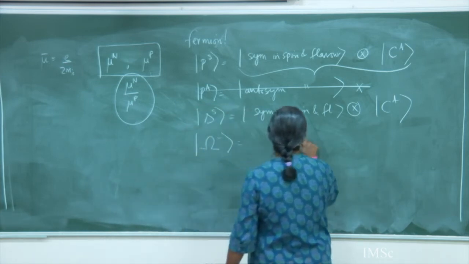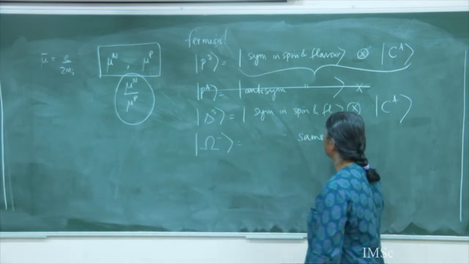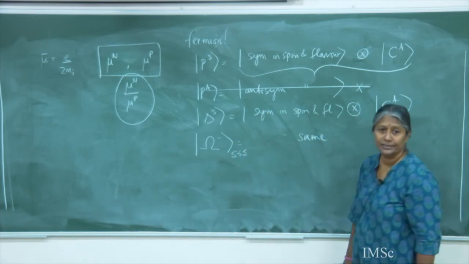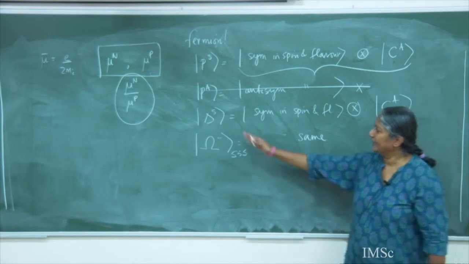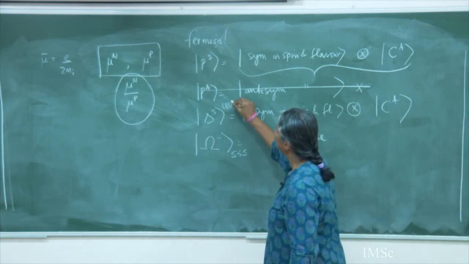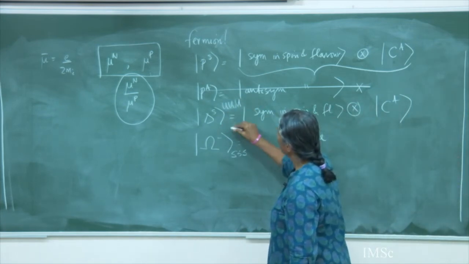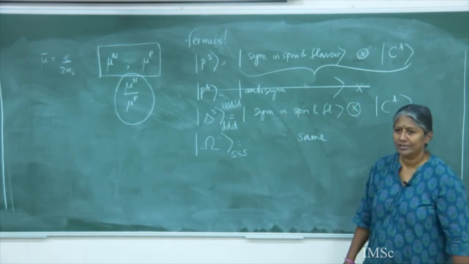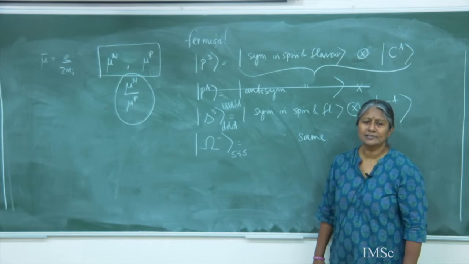And this has the same prediction, because this was the S. Again the same thing. Exactly like this was either UUU or DDD, the two of them were this, and this is the other third one.